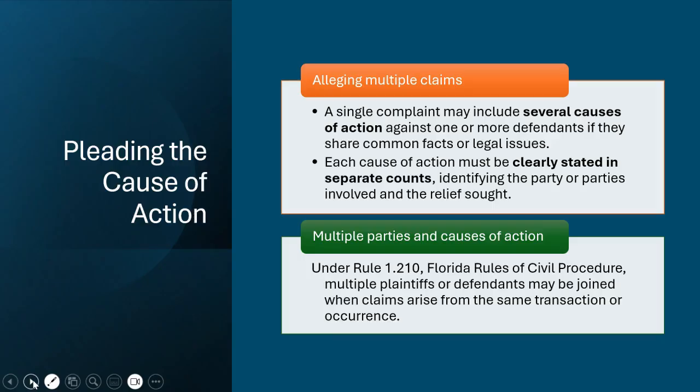That's permissible, and each cause of action has to clearly state the separate counts and identify which party or parties are involved in the relief sought for that count. Multiple parties and causes of action are also permitted in Florida under Rule 1.210 of the Florida Rules of Civil Procedure. We may have multiple plaintiffs or defendants that can be joined when claims arise from the same transaction or occurrence.